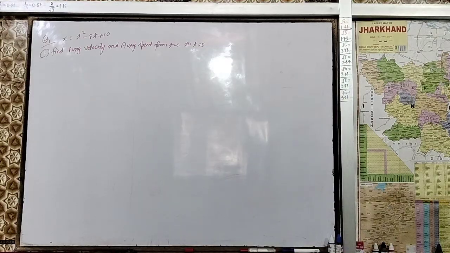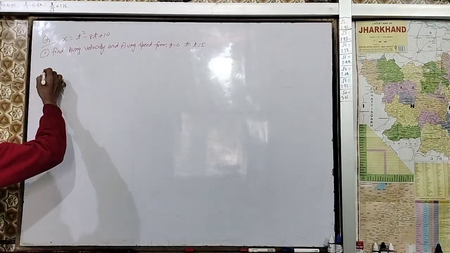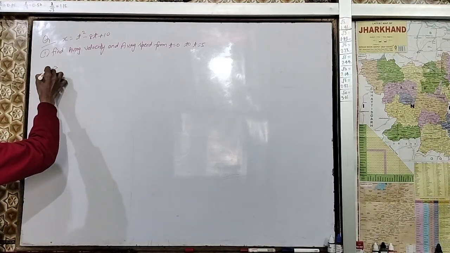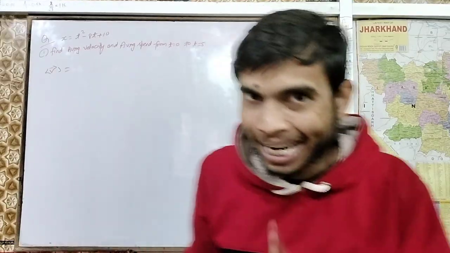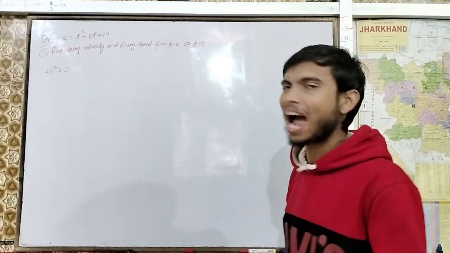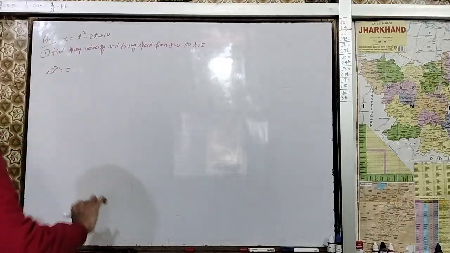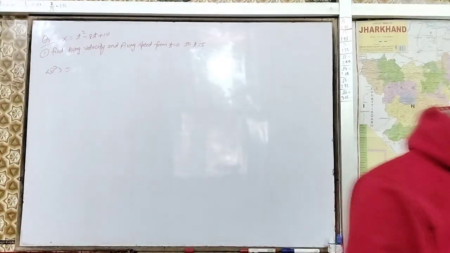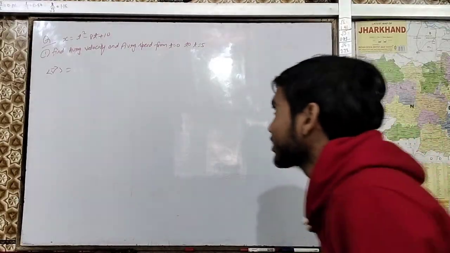You can easily find the average velocity. To calculate average velocity, we should have an initial location and a final location: final location minus initial location upon t. Are you understanding?